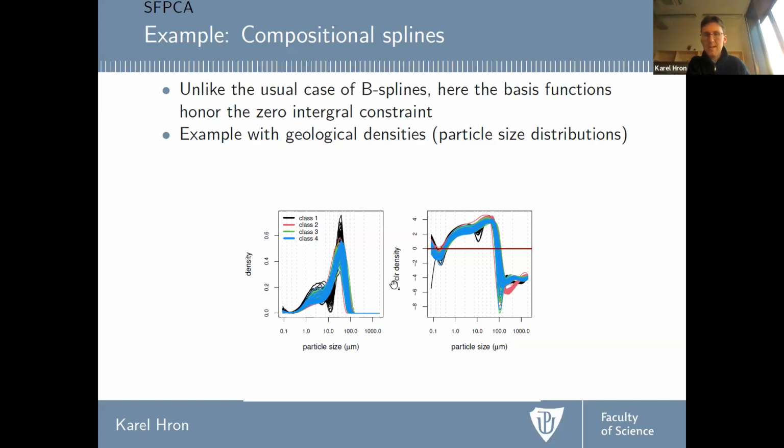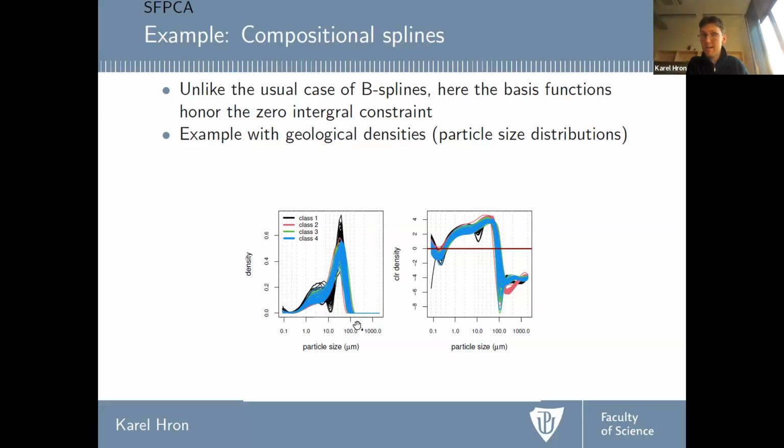So for example, here we have some particle size distributions. We can see that there is not much variability visible here in the tails.